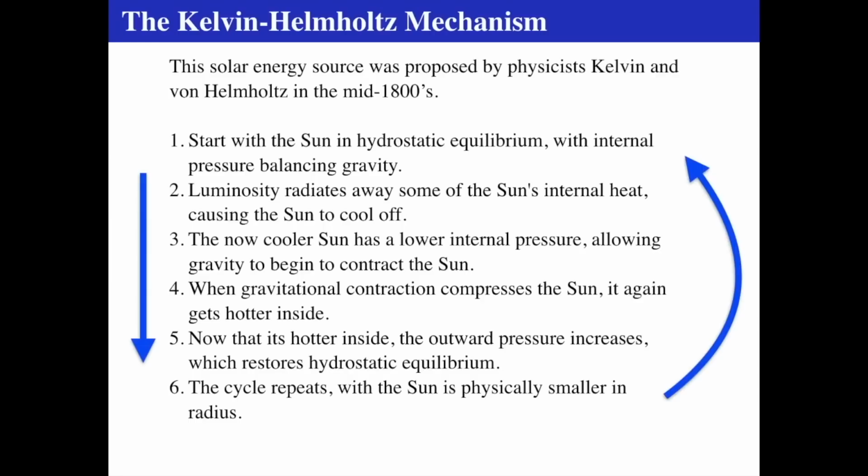Then when the gravitational contraction compresses the sun, it heats back up until it reaches a balance, and the outward pressure increases because it's hotter deep in the core, and hydrostatic equilibrium is reestablished. And this cycle then repeats, and the sun gets smaller and smaller by about 32 meters per year.